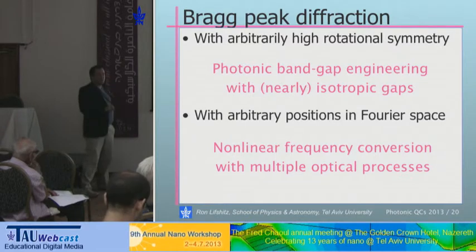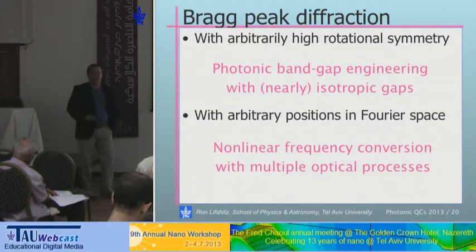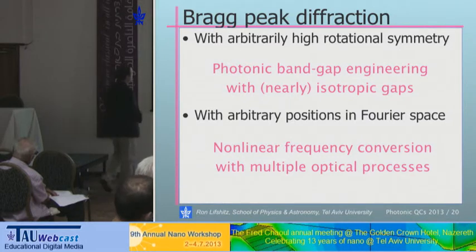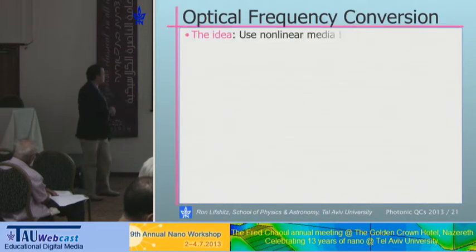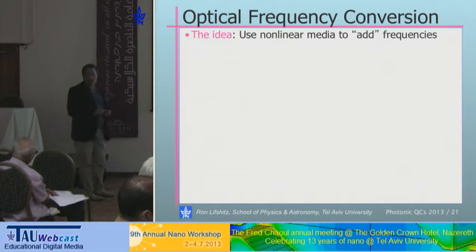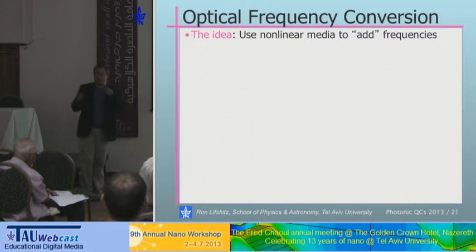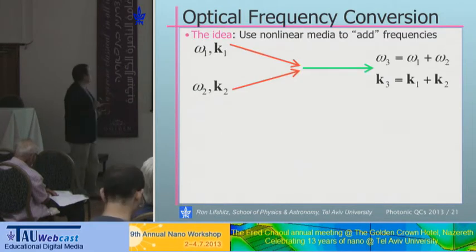The second application is actually an application that was part of Alon's PhD thesis in a DRS group, and this has to do with the quest to perform frequency conversion processes in a nonlinear material. Because I don't have a lot of time, let me go very quickly. Again, the experts will understand. The non-experts, I'll tell you what you need to note.